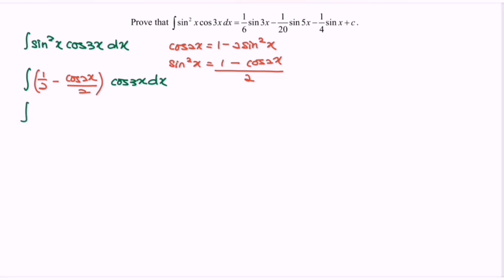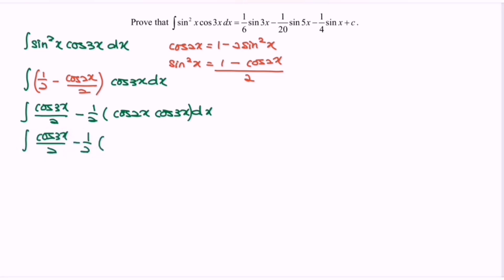So we have integrate cos 3x over 2 minus 1 over 2 bracket cos 2x cos 3x dx. Or you may express the situation, integrate cos 3x over 2 minus 1 over 2 bracket cos 3x cos 2x. It will be the same.